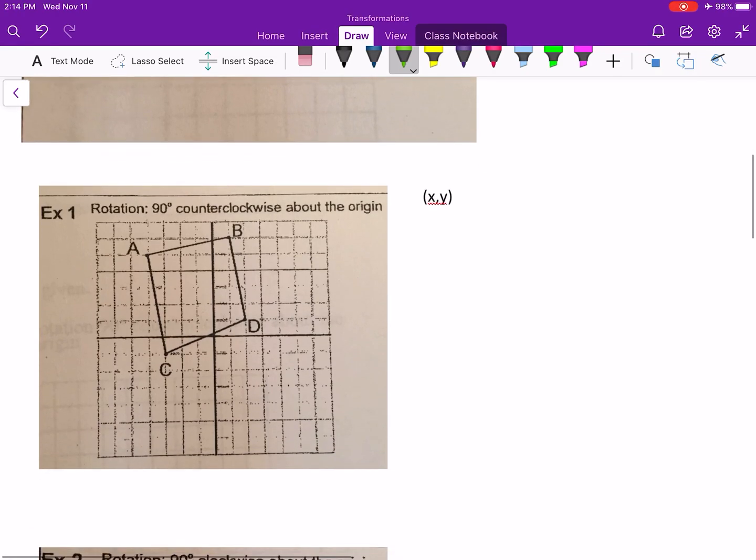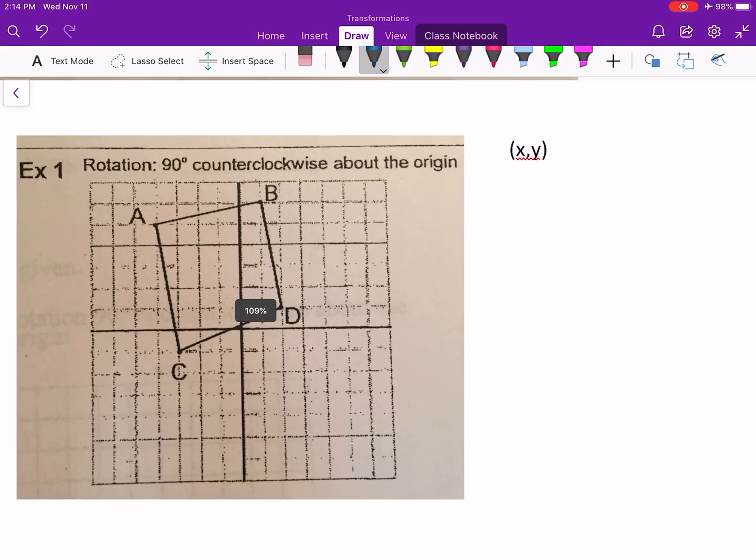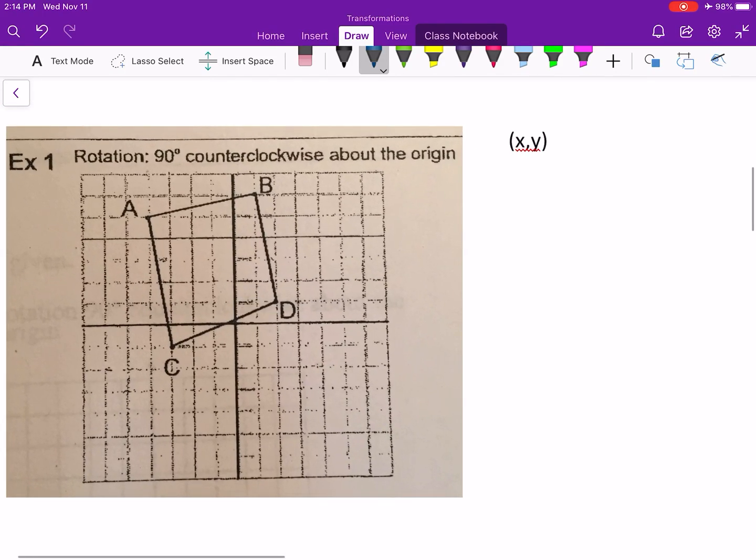A rotation of 90 degrees counterclockwise around the origin. On these, you are going to want to write down your points. It's going to get way too confusing if we don't do the transformation on each one. So let's figure out the coordinates of our points.